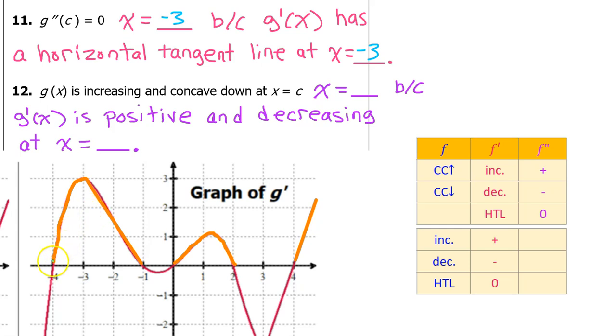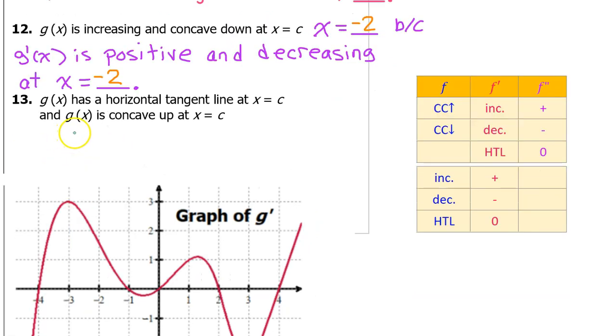G prime is positive on these portions of the graph that are above the x-axis. In addition, g prime is decreasing on this interval and this interval. So a good value to use would be -2. We say x equals -2 because g prime of x is positive and decreasing at x equals -2.